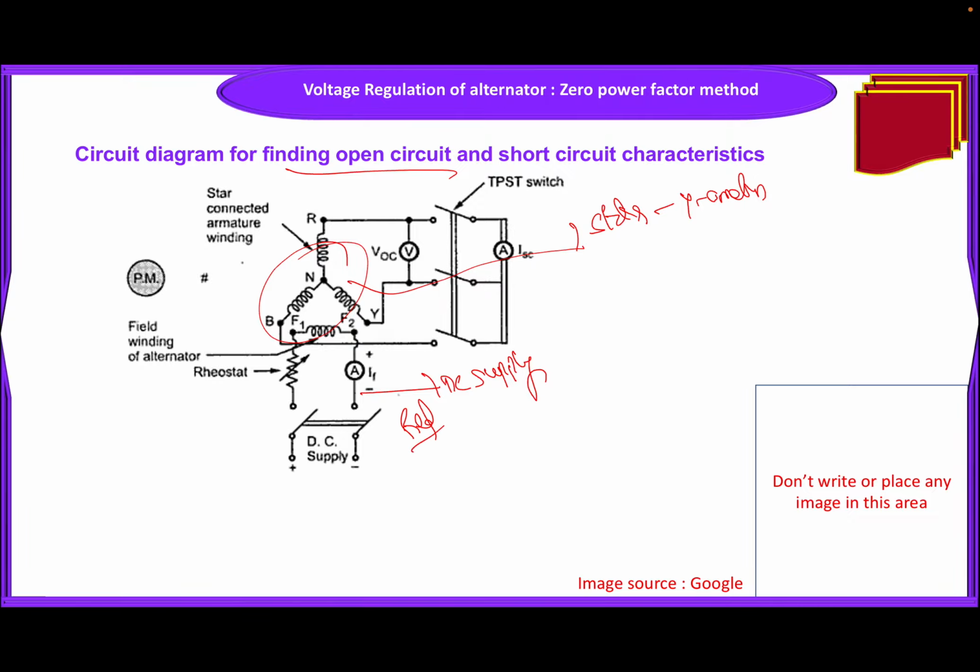When the TPSC switch is open, this gives the open circuit characteristics. When the TPSC switch is closed, this gives the short circuit characteristics. In this manner we can measure both. What is the purpose of the prime mover? As it is a generator, mechanical energy is required, and we provide it with the help of the prime mover.